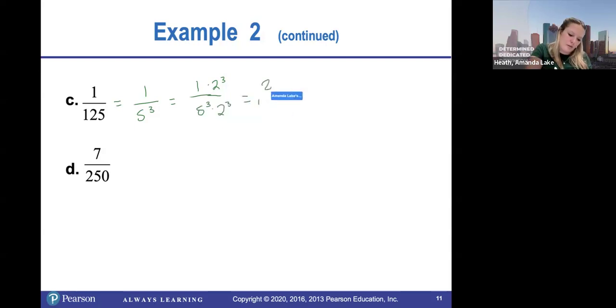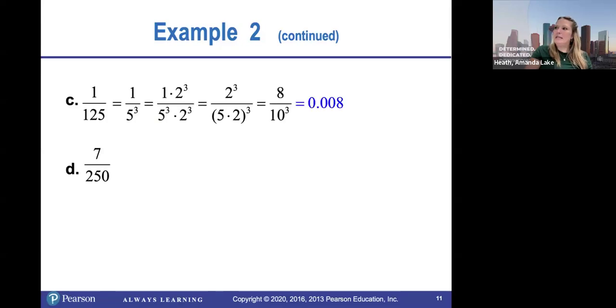So I have 2 cubed over 10 cubed. 2 cubed is 8 over 10 cubed, which gives me 0.008. Here's that typed out.